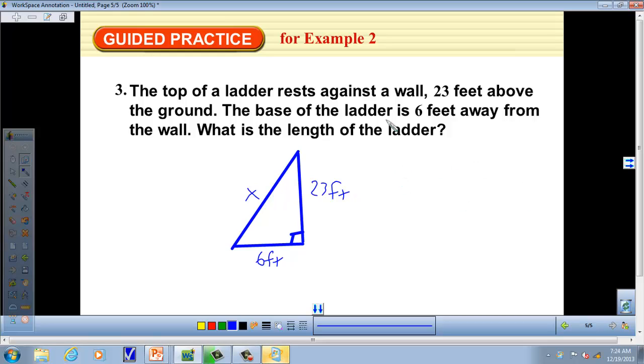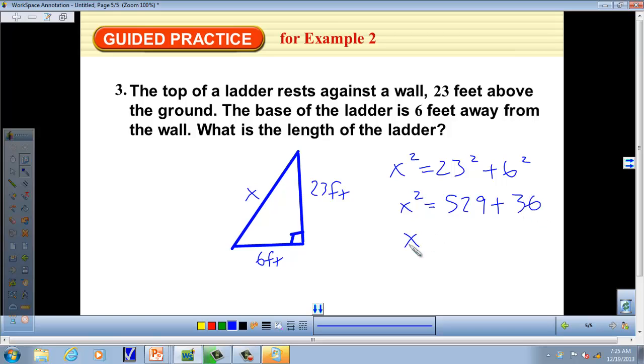So in this case, hypotenuse is x. So we say x squared is equal to 23 squared plus 6 squared. First thing we need to do is figure out 23 squared, which is 529, and 6 squared is 36.